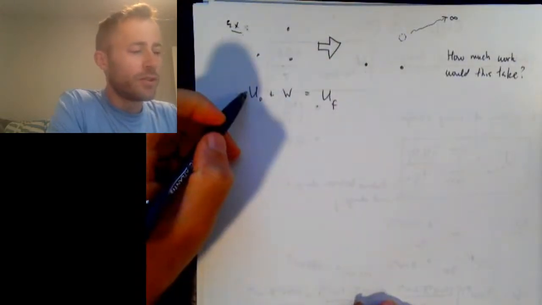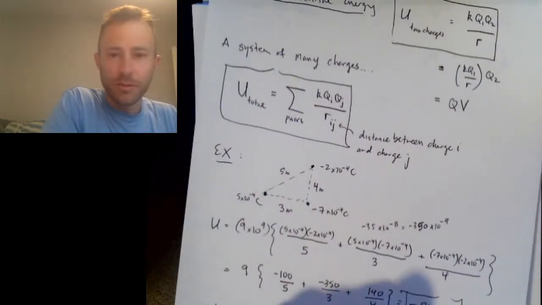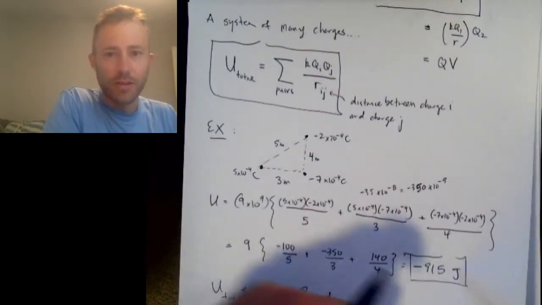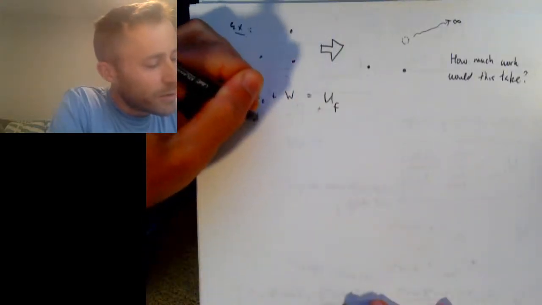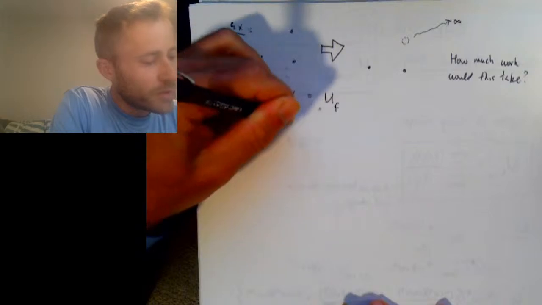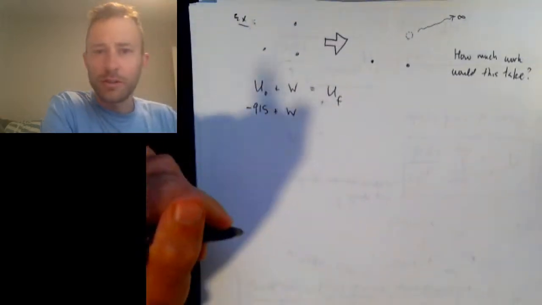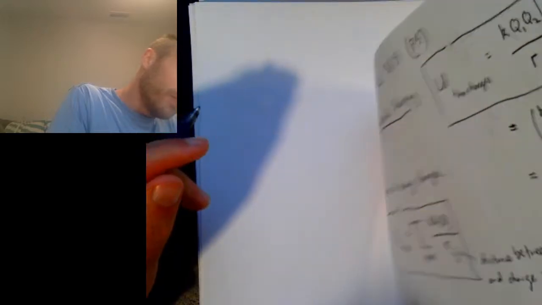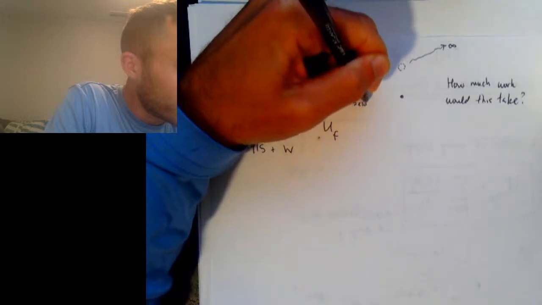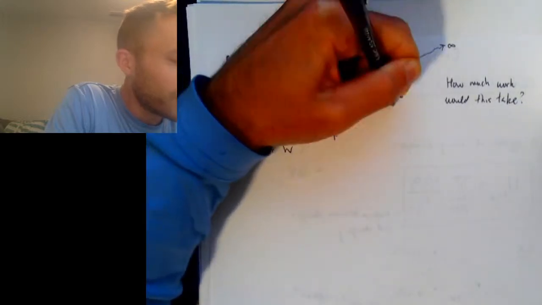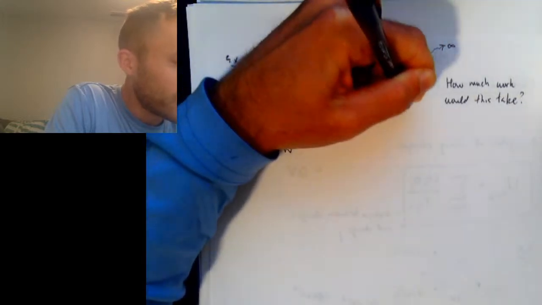The initial energy, we already calculated it. It was right here in the previous example: minus 915 joules. So we have minus 915 plus the work done. I have to calculate the final energy. So just to remind you, this was a 5 times 10 to the minus 4 coulombs and negative 7 times 10 to the minus 4 coulombs.